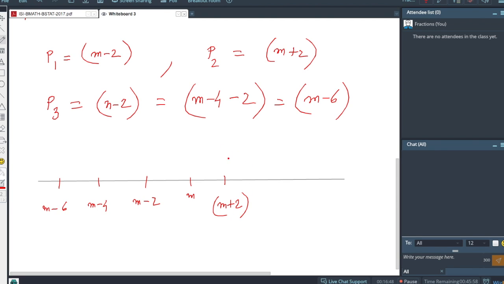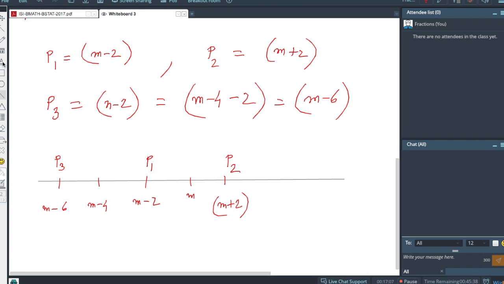Okay, so m plus 2 is p2, m minus 2 is p1, and p3 is m minus 6. Okay, so that's how they are arranged on the number line.